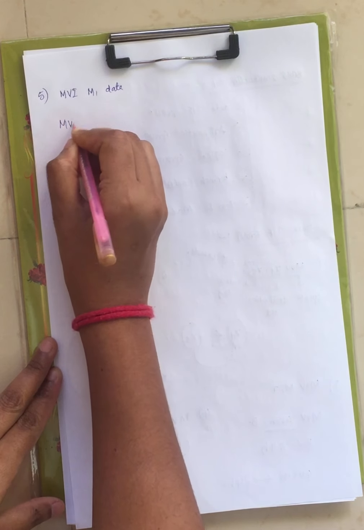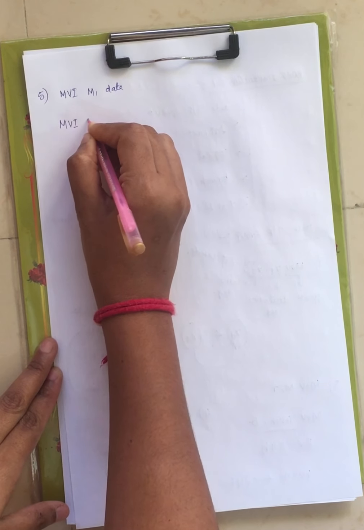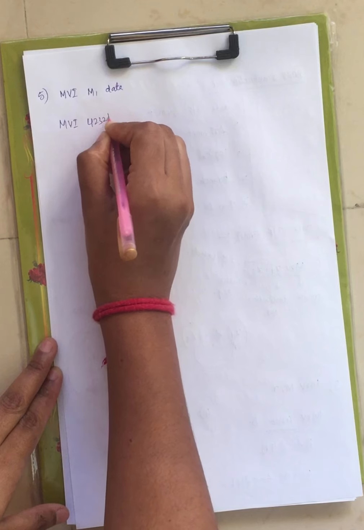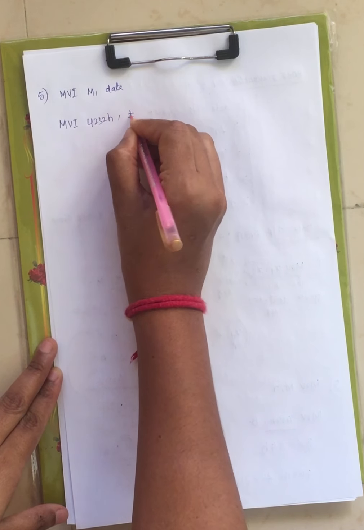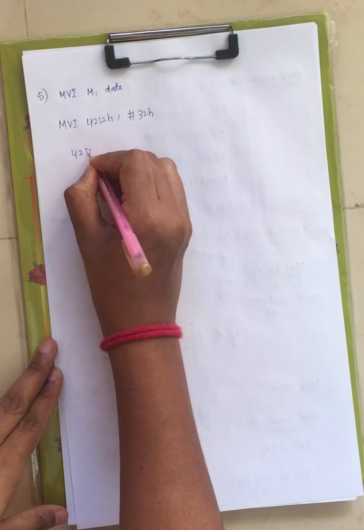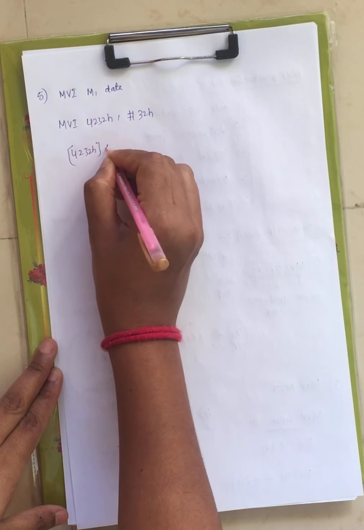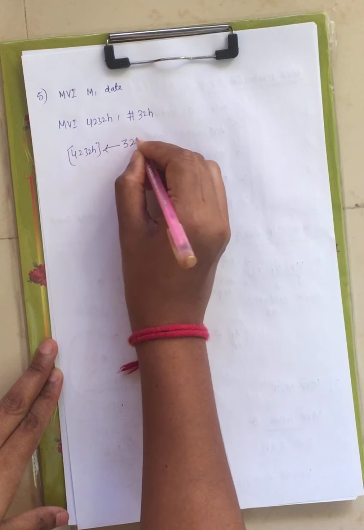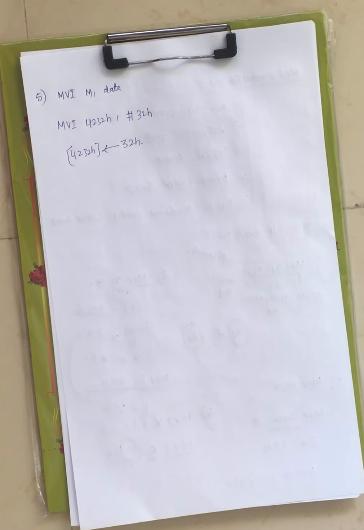I can give an example like MVI 4232H, 32H, where 4232H is a memory location and the data is 32H. That means the memory location 4232H is filled with the immediate data 32H. That is the meaning of this instruction: move immediate data, M comma data.